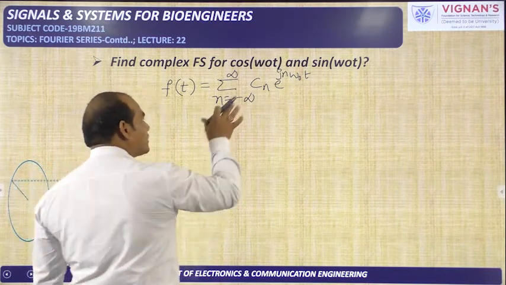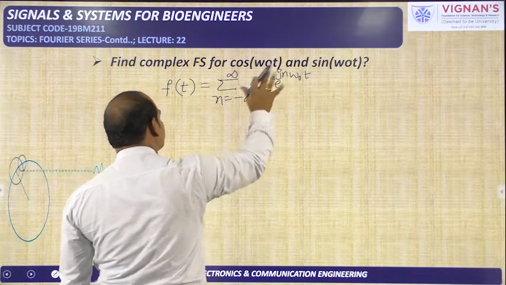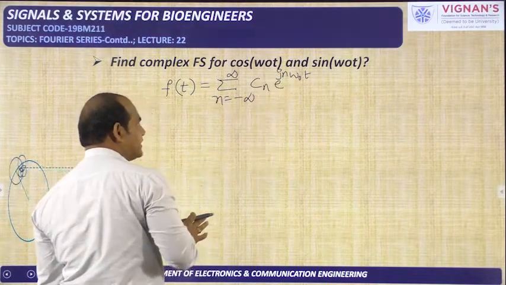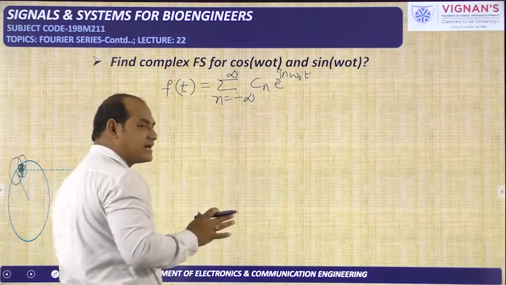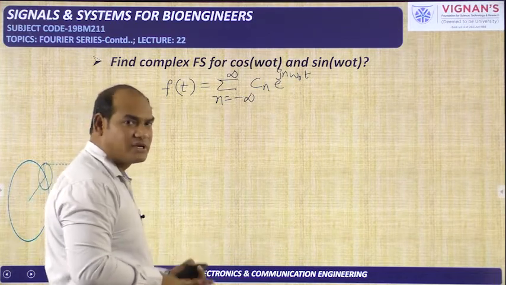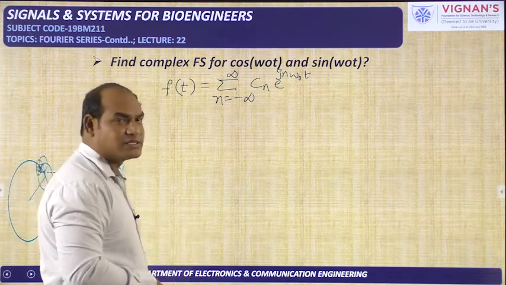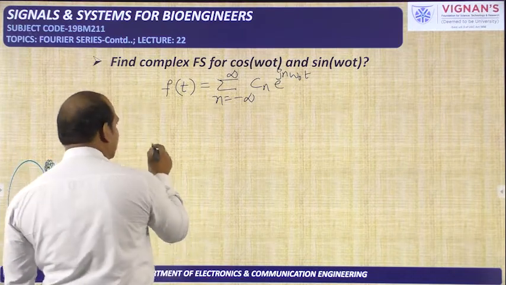So we need to write cos omega naught t and sin omega naught t in terms of the exponentials. Then we can say that the complex Fourier series or the exponential Fourier series has been obtained for these two signals. First we will see for cos omega naught t.